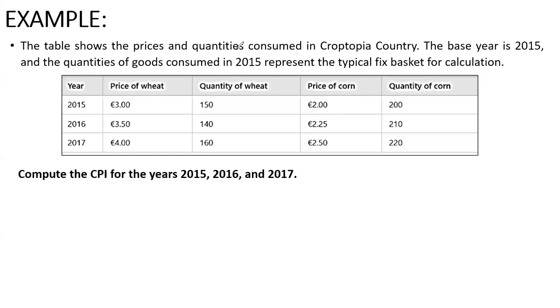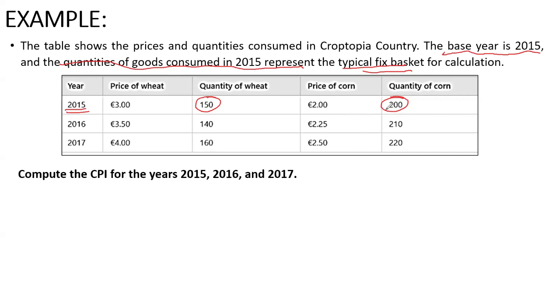Based on this given, the base year is 2015 and the quantities of goods consumed in 2015 represent the typical fixed basket. So the quantity of goods in 2015 is actually the basis of our fixed basket. We have here the quantity of wheat, which is 150, and the quantity of corn, which is 200.